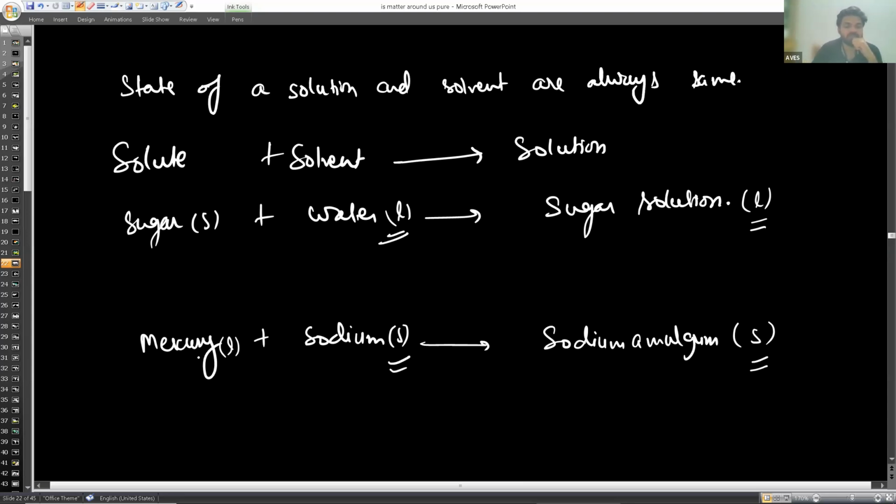Here, mercury is liquid, but the solution is solid, so mercury should be the solute. Now you understood the concept of a solution? It does not mean anything that is liquid is always considered a solvent. No, it is not so.